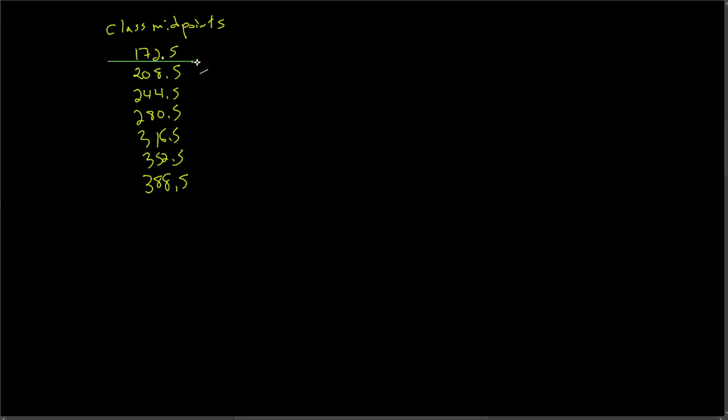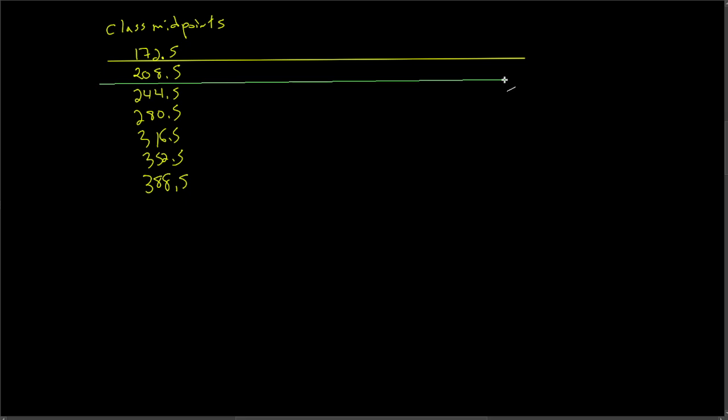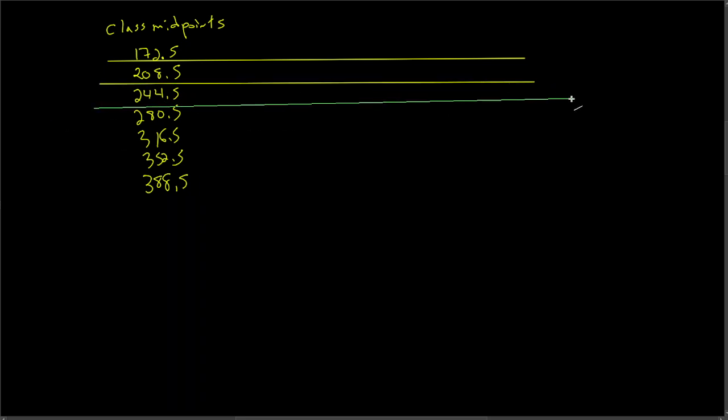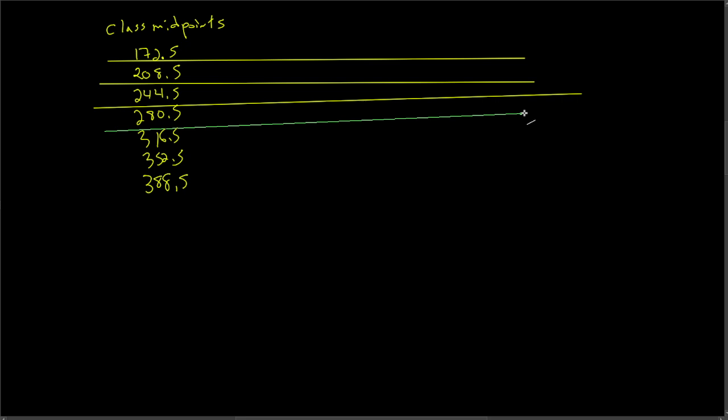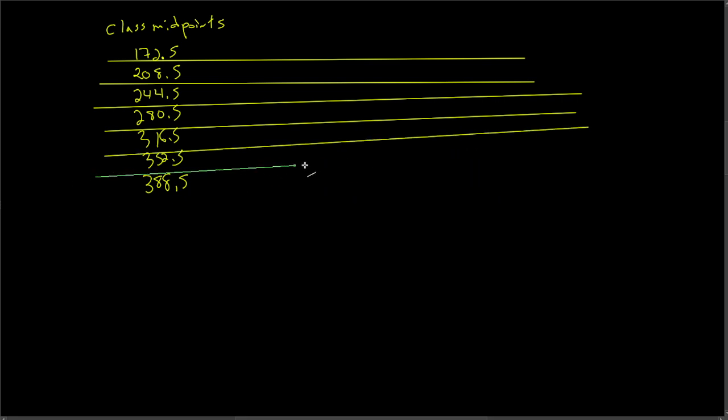Let me give myself some room here. And so when we did this, we put all of the data into the bins and we counted up the frequency we would get from it. Sorry if my boxes are going off a little bit weird here.